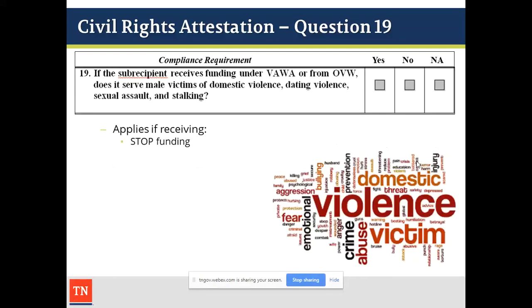Question 19 is asking about serving male victims if you're receiving funding under the Violence Against Women Act. So this would apply if you're receiving STOP, SASP or FITSA funding.